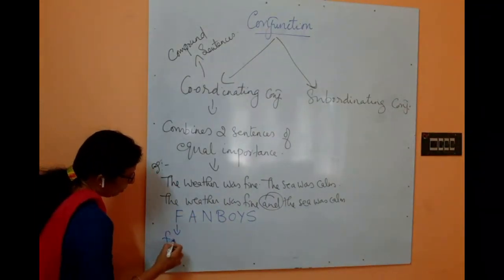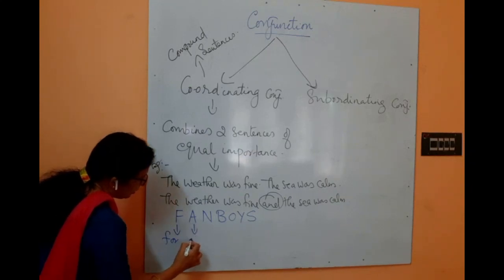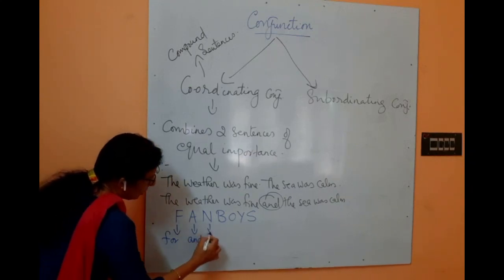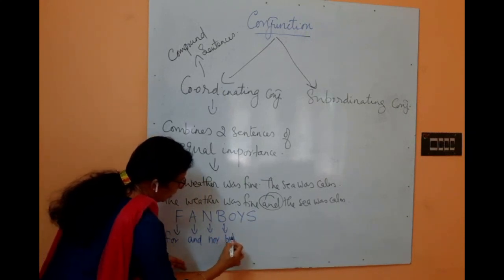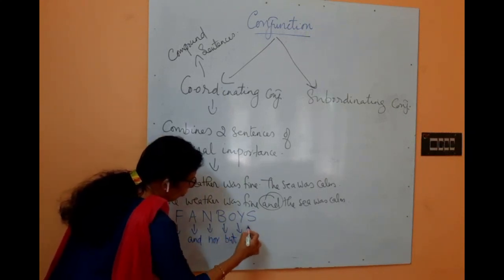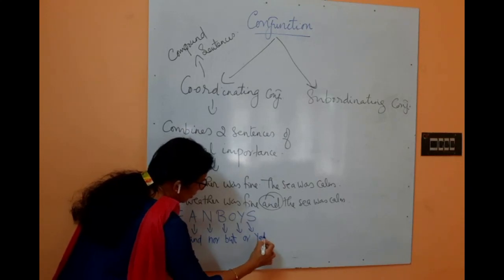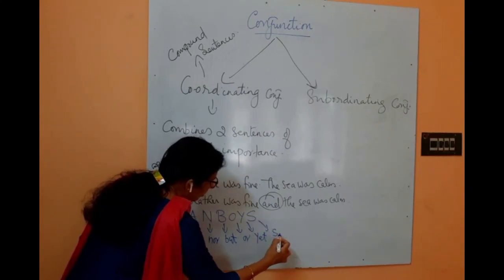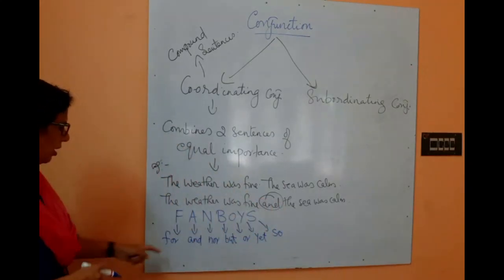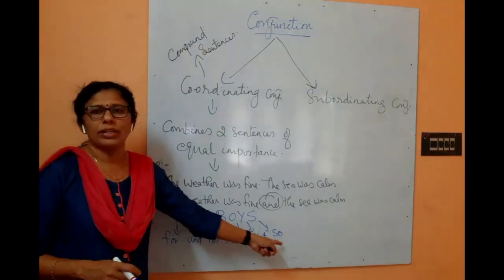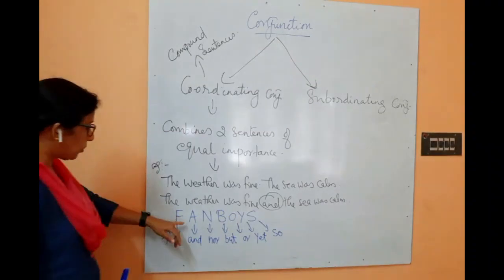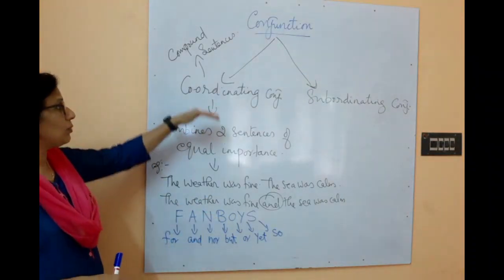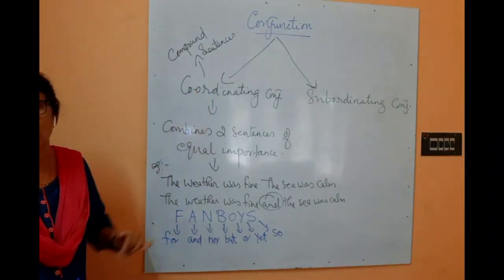F stands for for, A stands for and, N stands for nor, B stands for but, O stands for or, Y stands for yet, and S stands for so. These are the explanation of FANBOYS, which is very much connected with coordinating conjunction.